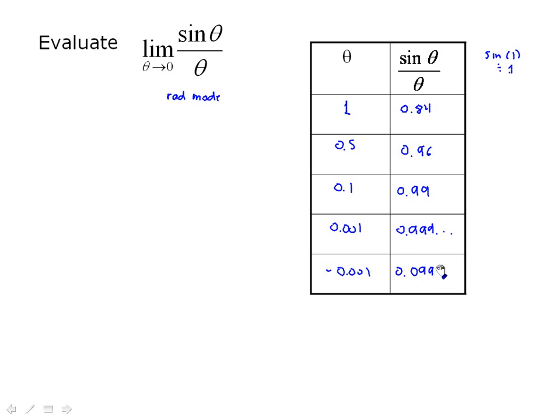Now, I'm going to make the assertion that by inspection, or by substitution, the limit as theta approaches 0 of the function sine theta over theta is equal to 1.